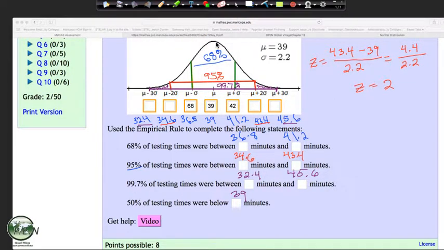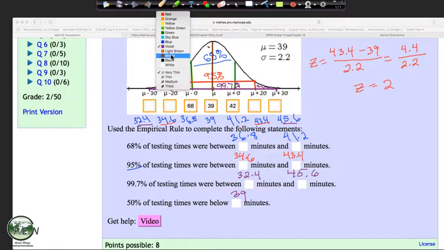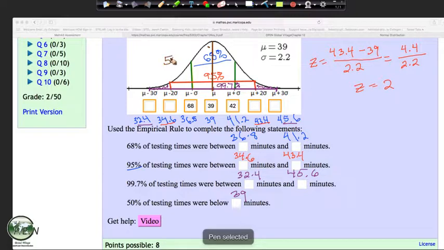Brown, why not? So we can draw this line here. 50% are below the mean. Okay, so that's just getting to understand that when we use the normal curve.